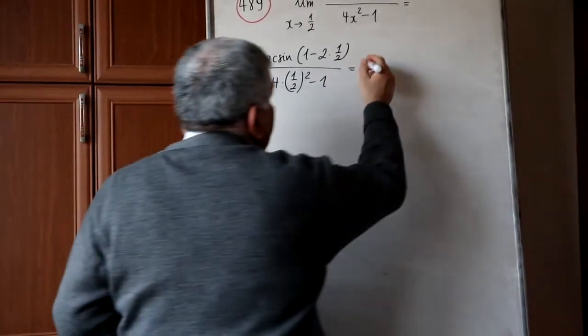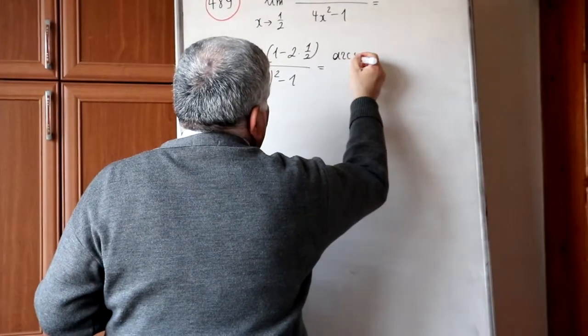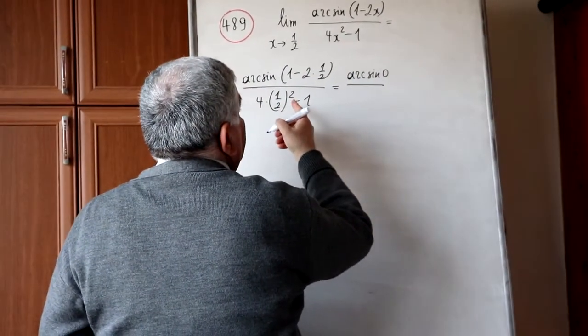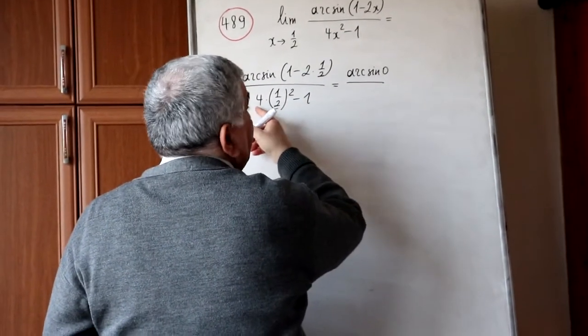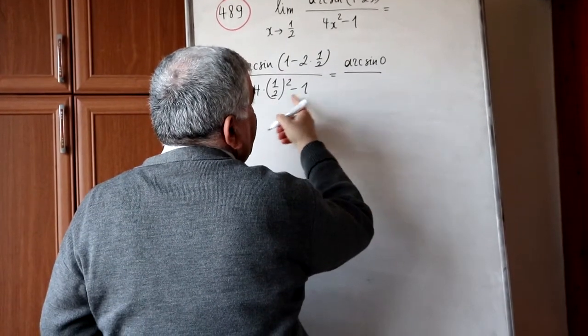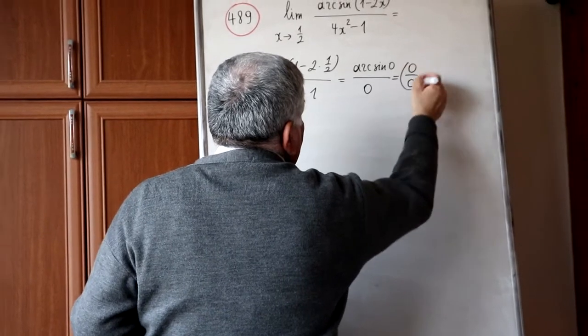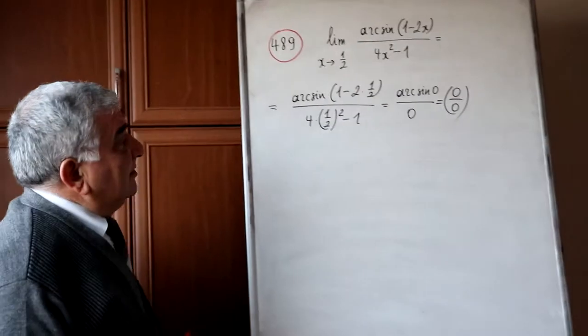Arc sine of 0 divided by 1 second squared is 1/4. 4 multiplied by 1/4 is 1. 1 minus 1 is 0. Arc sine of 0 is 0, and we obtain the indeterminate form of type 0 over 0.